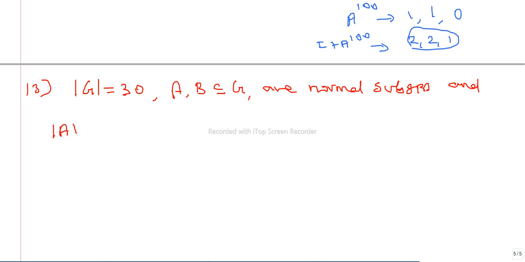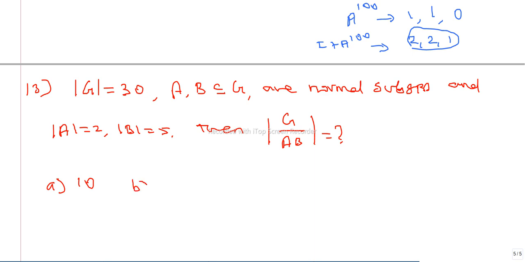The number of elements in A is 2, the number of elements in B is 5. Then what is the order of the quotient group G by the product AB? The first option is 10, second option is 3, third option is 2, the last option is 5.